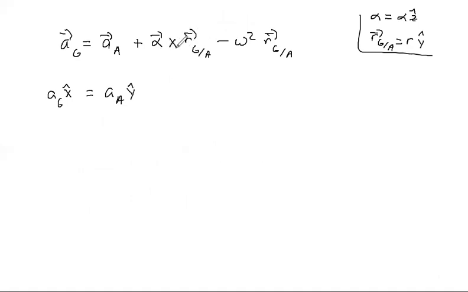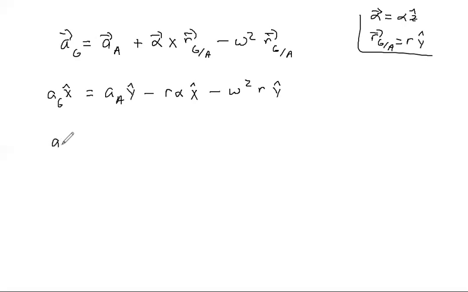I have to take the cross product between alpha and r, and I know that z hat cross y hat is negative x hat. So this would give me minus r alpha x hat, and this term is going to be minus omega squared r y hat. And then I want to reorder these.